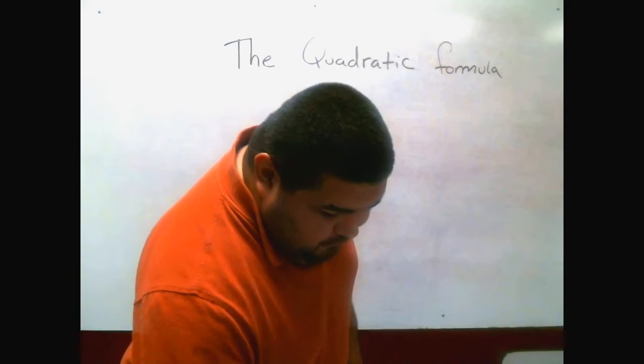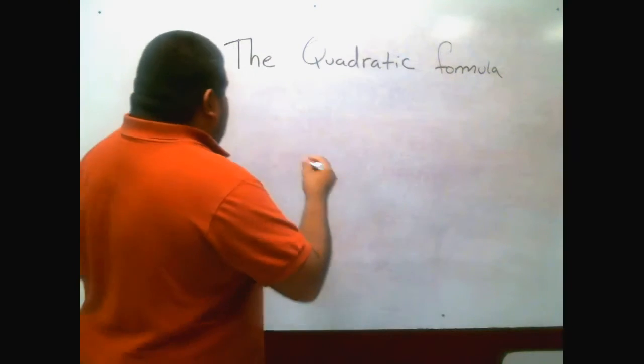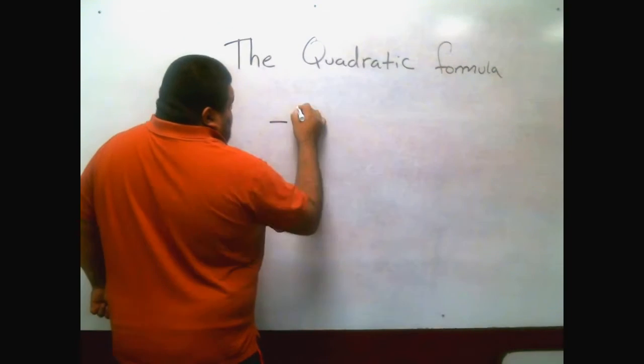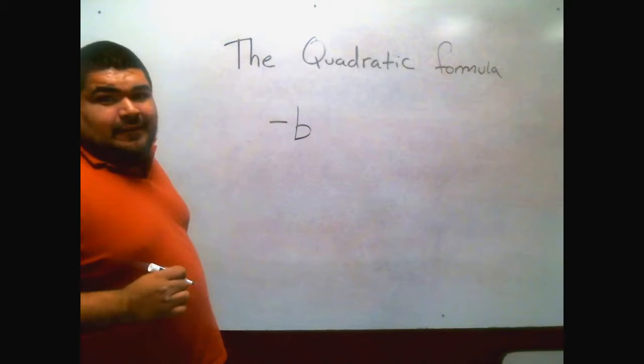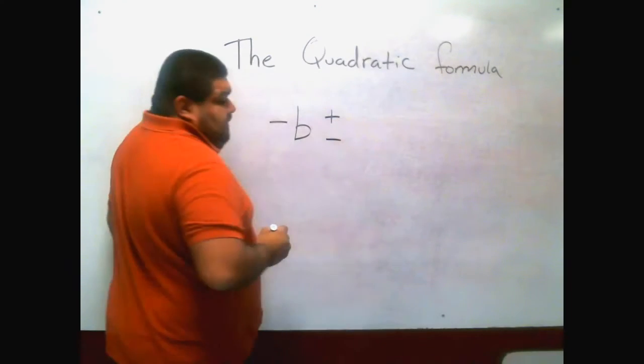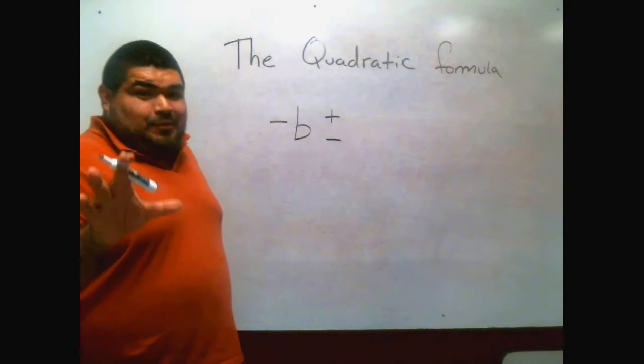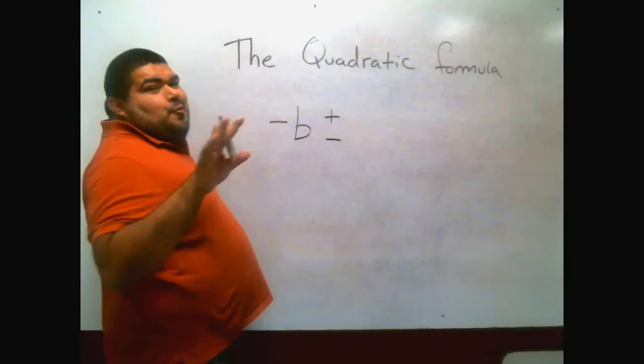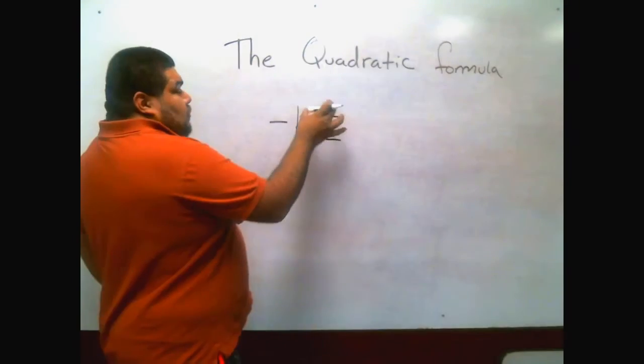The formula for today is negative b plus and minus, okay? It's probably confusing already, plus and minus. Don't worry about it yet. For now, just write it down.